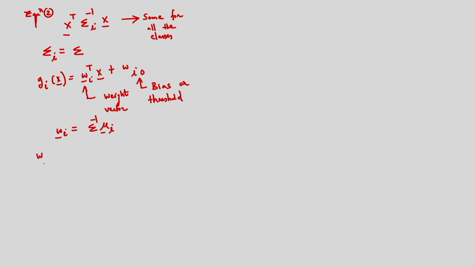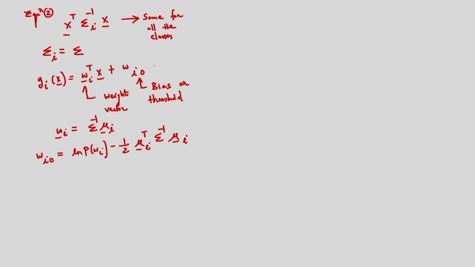And what is the bias? The bias is nothing but wi0, that is equal to log P(wi) minus 1 by 2 mu i transpose sigma to the power minus 1 mu i.